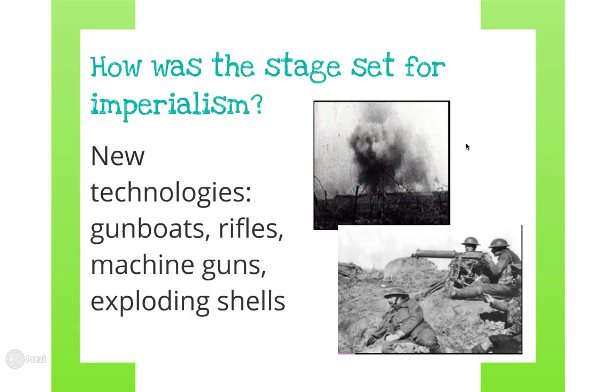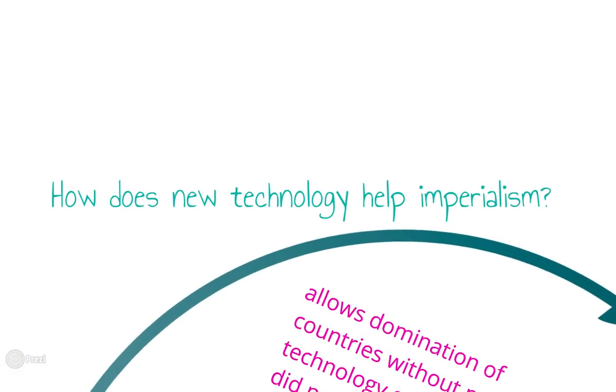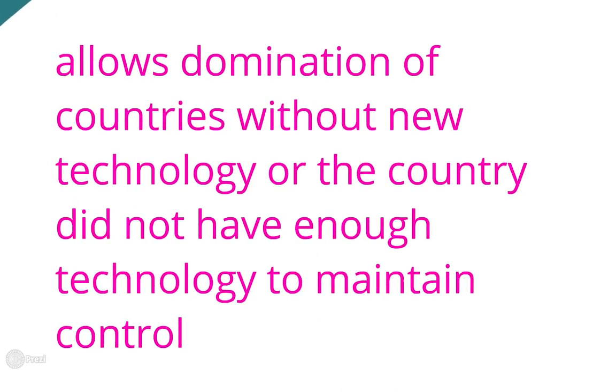African countries had machine guns, but by the 1800s, the British and other European countries had more machine guns than the African countries and tribes. So they overpowered them. How does this new technology help imperialism? It allows domination of countries that did not have enough technology to maintain control.